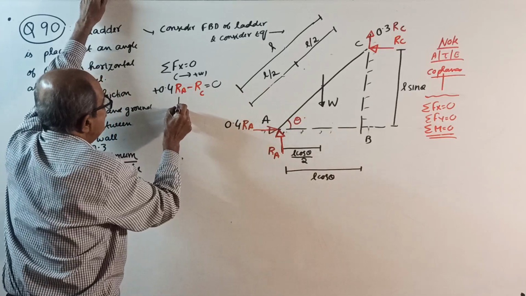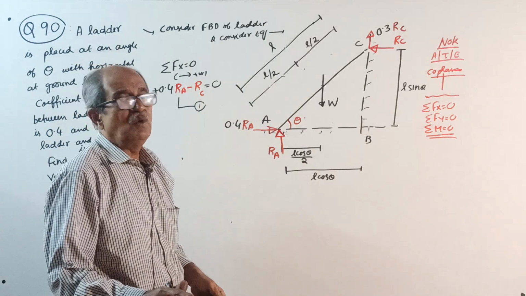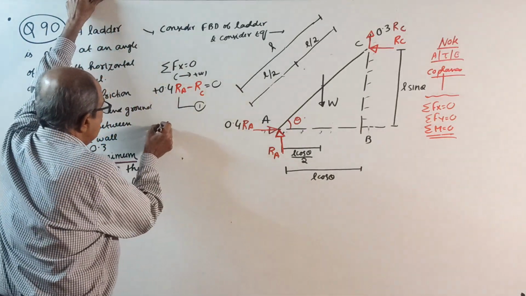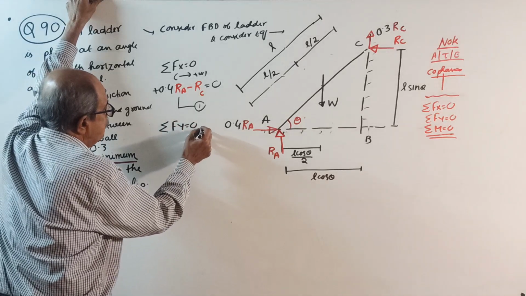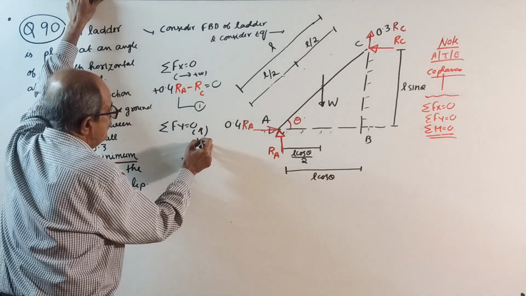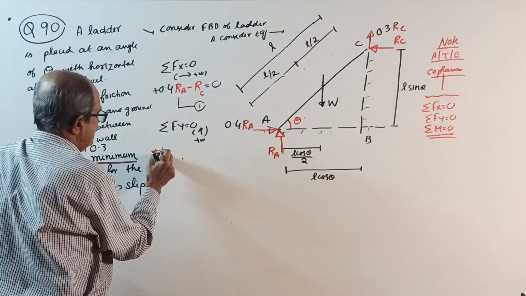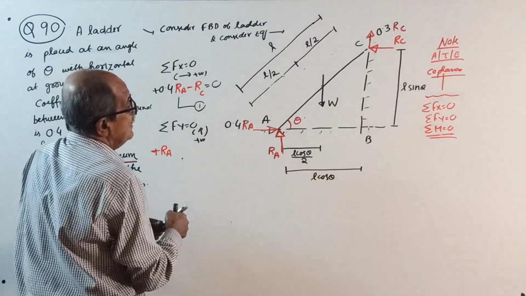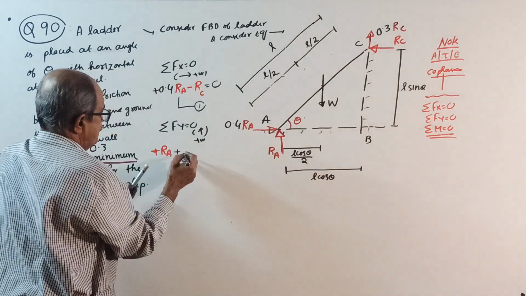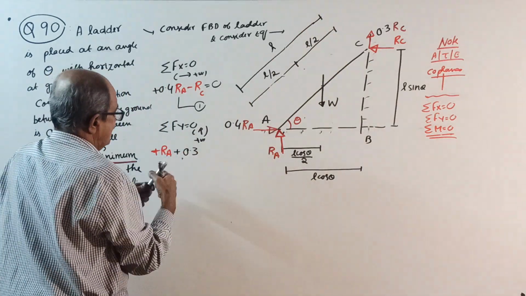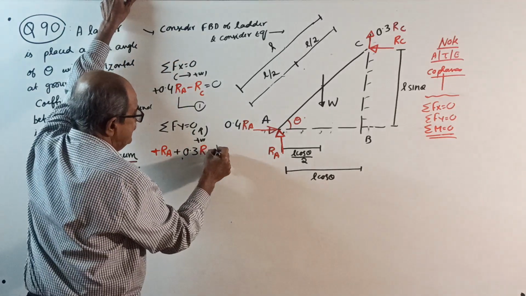You take this as equation number 1. See, you will not get any unknown now. And then sigma Fy equal to 0, take upward positive. So plus RA, then plus 0.3 times RC, systematically solve, minus W.